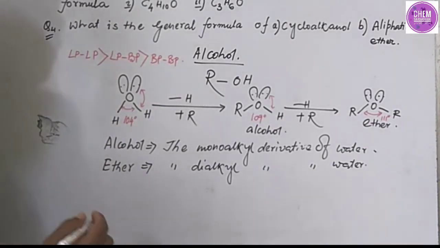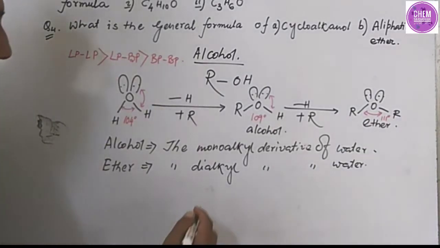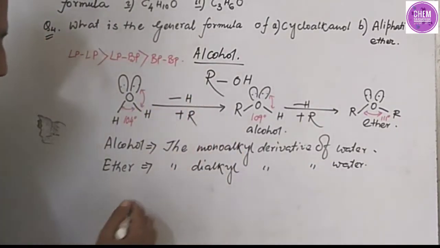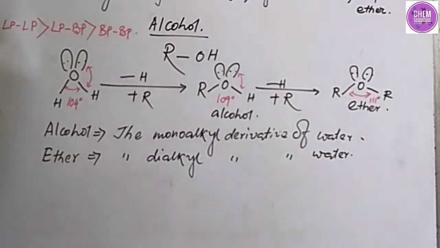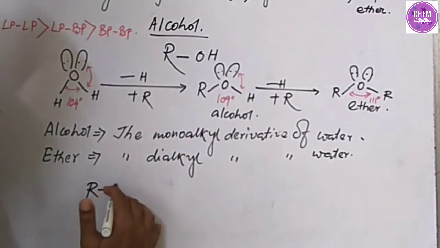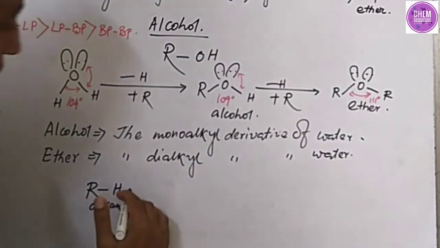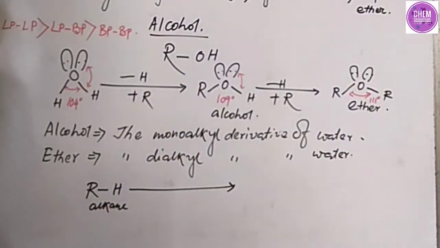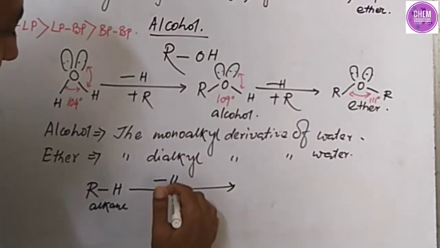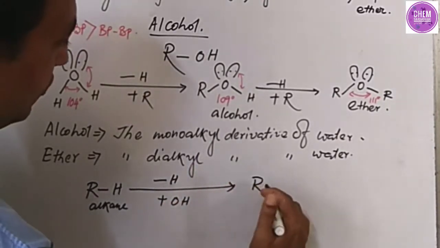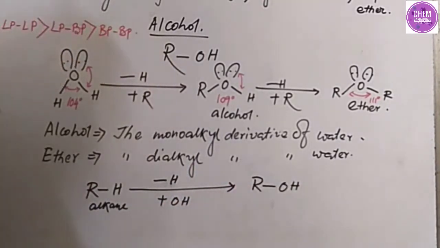Now alcohol can also be treated as the derivative of alkane. How? The general formula of alkane is RH. This is the general representation of alkane, where if a hydrogen is replaced by one hydroxyl group, we get ROH.